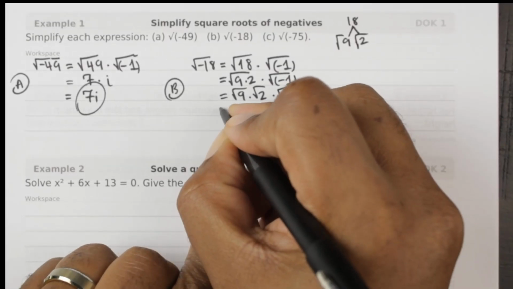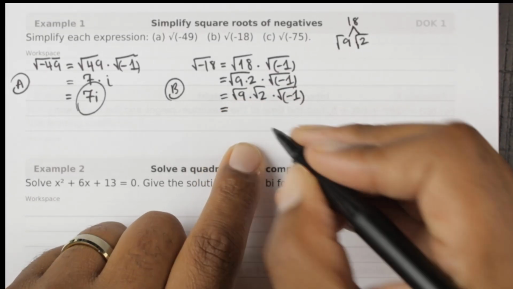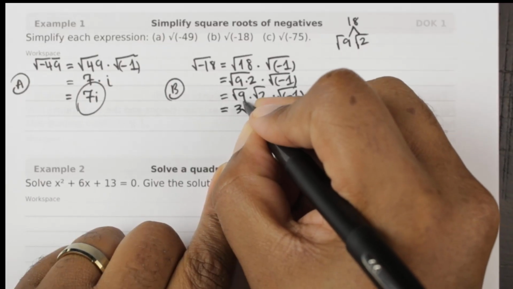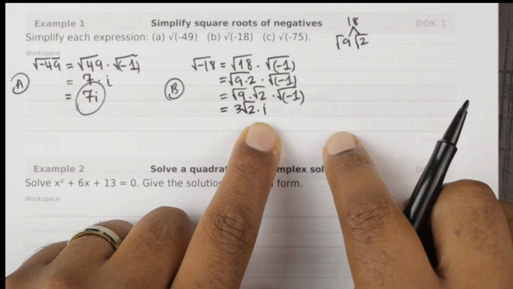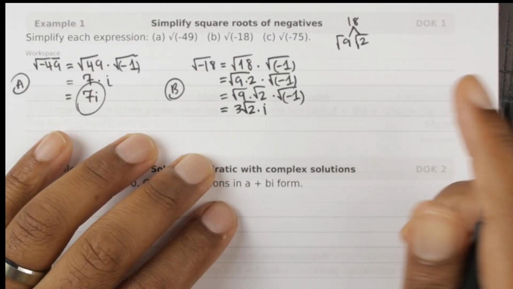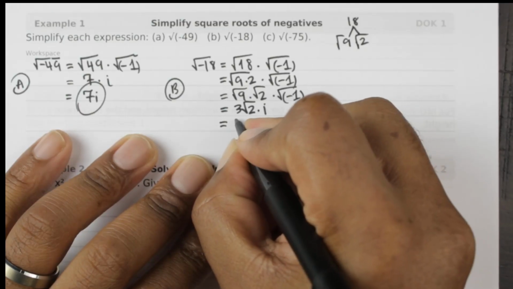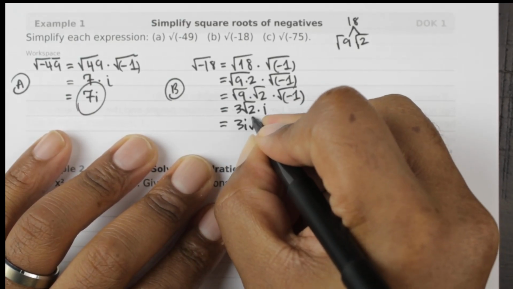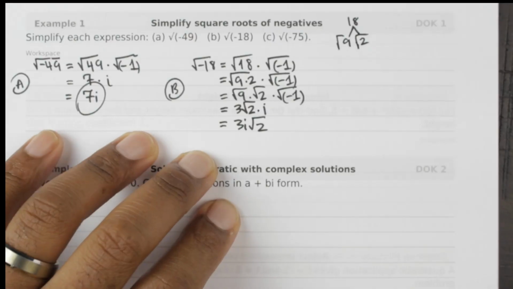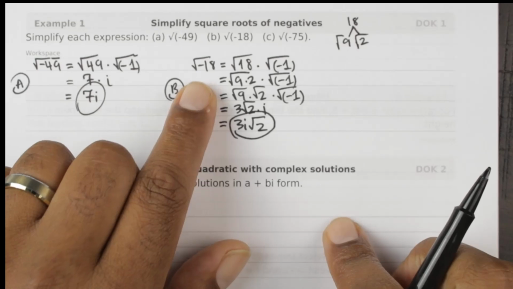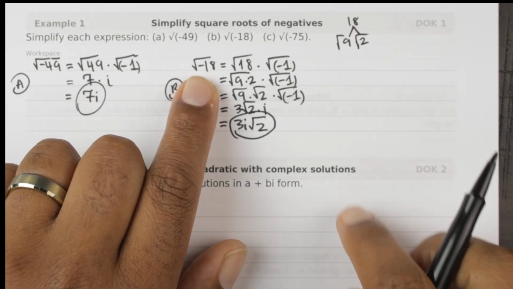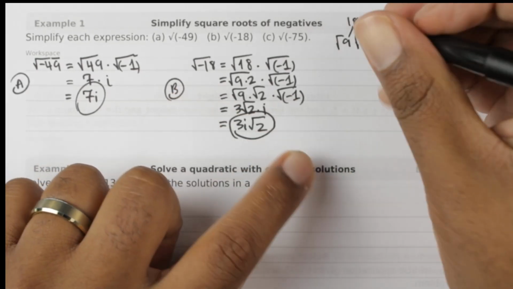Continuing on, this simplifies to 3 root 2 times i. So the final answer is going to be 3i root 2. Okay, just for the record, you can simplify imperfect squares, right?